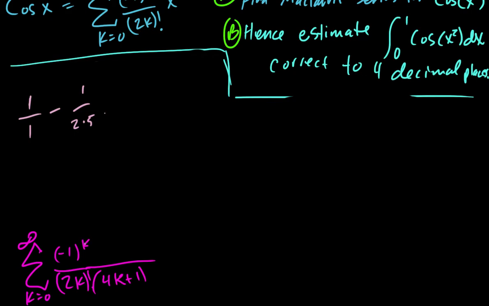If we plug in a 2, that's a positive. If we plug in a 2 here, we get 4 factorial. And plug in a 2 here, we get 8, 9. Oh wait, sorry, 0, 1, 2. We were plugging in a 2.